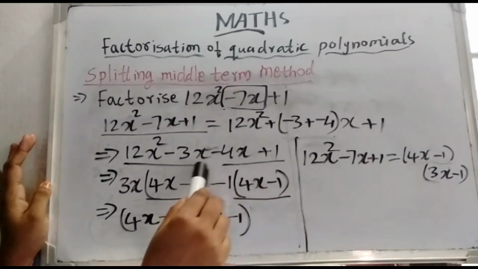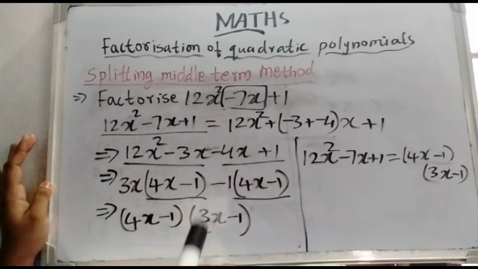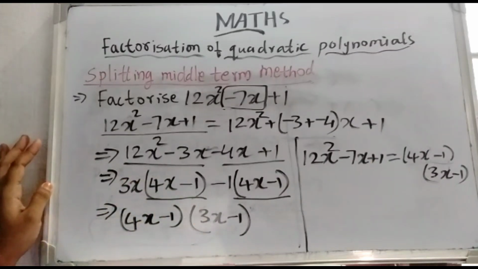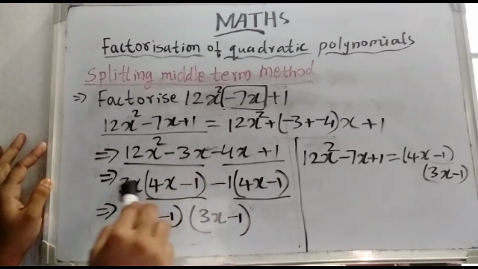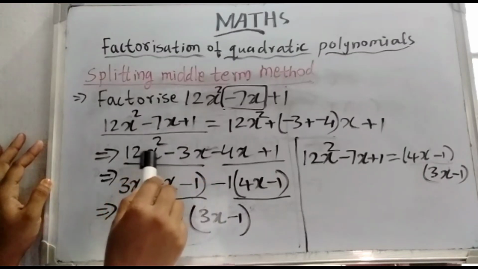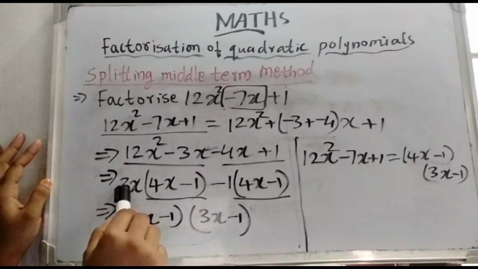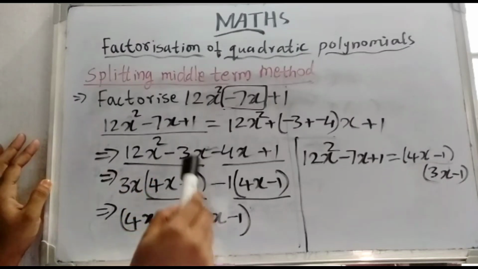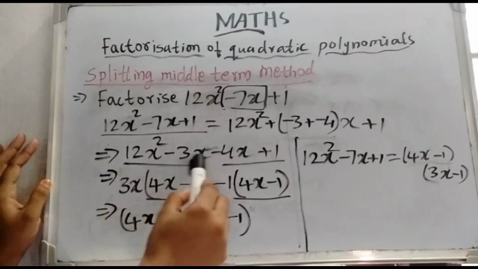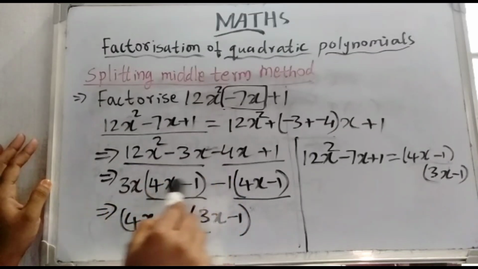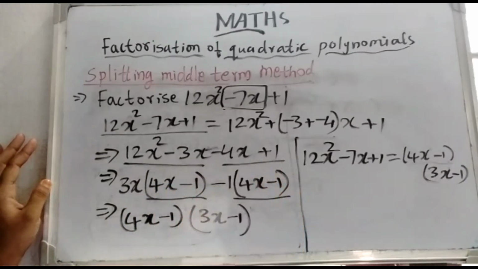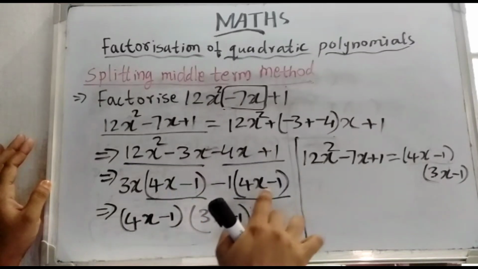Next step, consider the first two terms and last two terms. From the first two terms, we can take 3x outside. 3x into 4x is 12x square, so when we take 3x outside, here 4x, and here only minus 1. So this term is finished. Then here only 1 is common, so take 1 outside and write 4x minus 1.